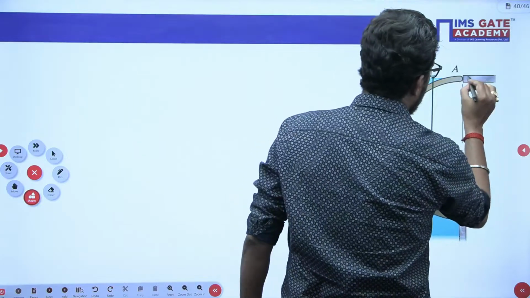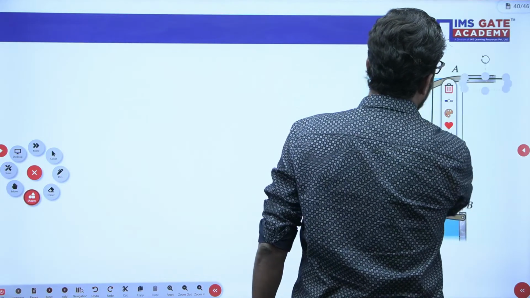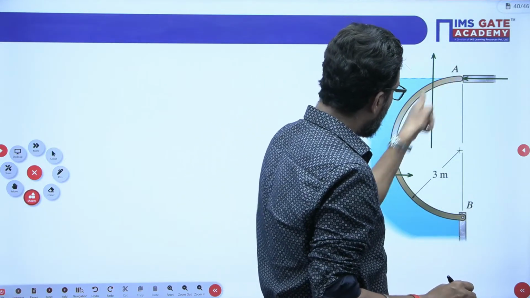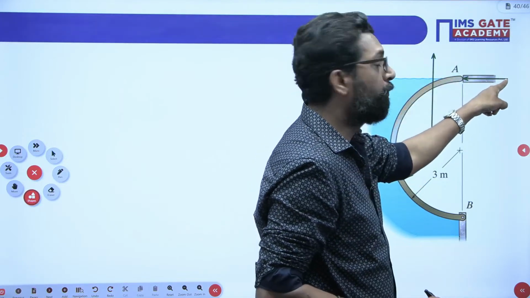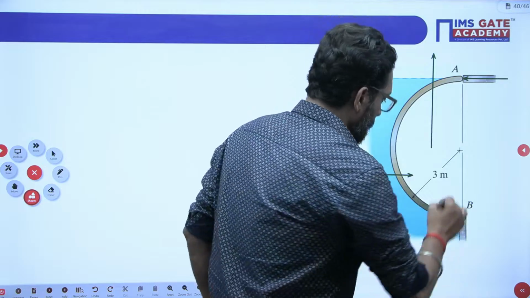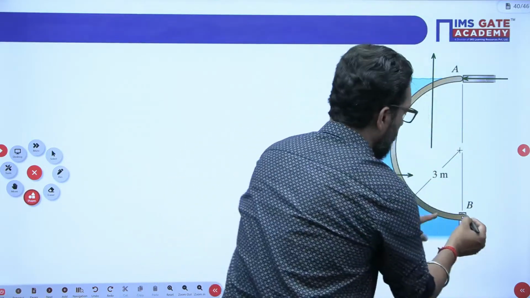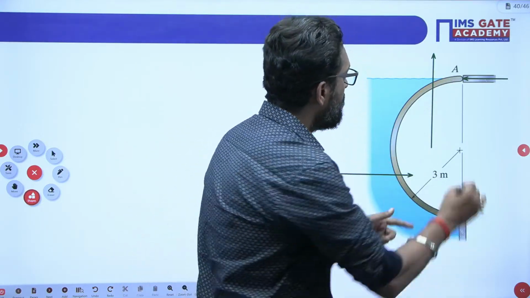Here, let's suppose there is a reaction FA that will act. Why? Because this water will try to push this gate onto the wall. So the wall will exert a force in this direction. This is the force by the wall. At the hinge there is no moment.